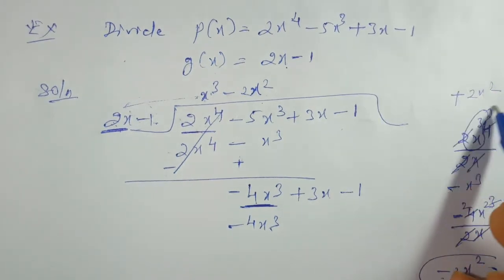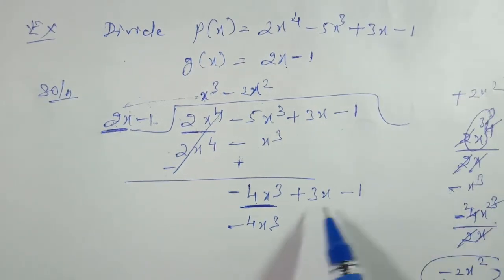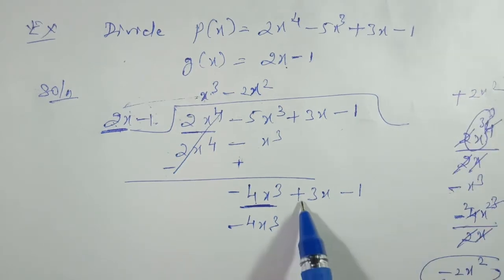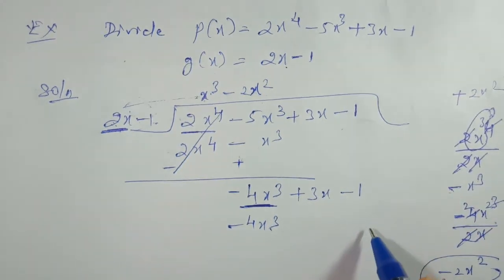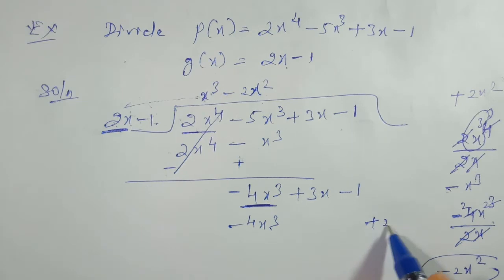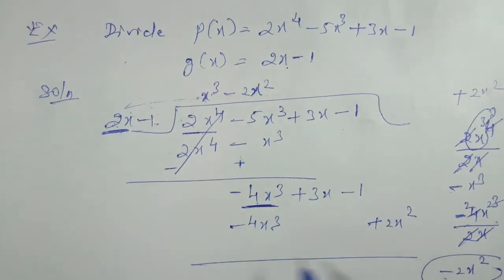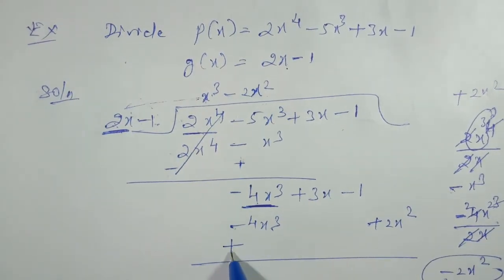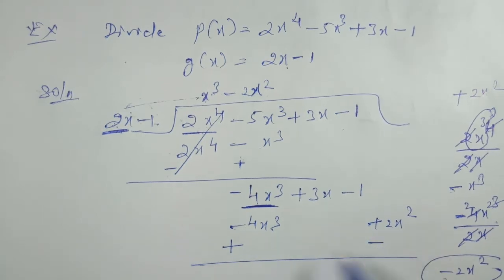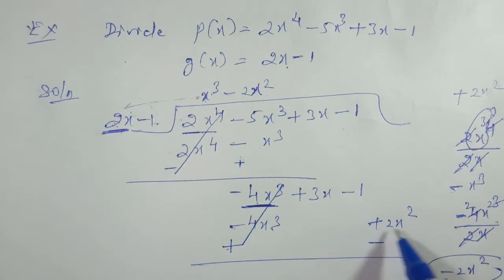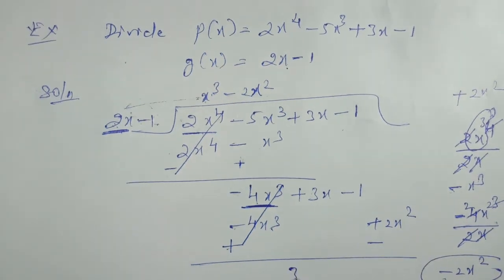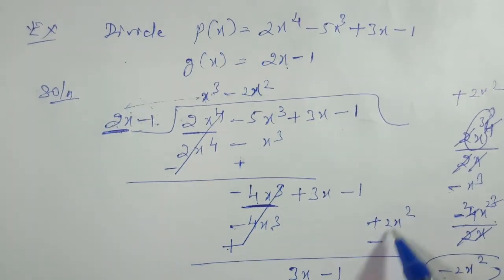Now we have to identify the term having power 2. Here we don't have any such term, so we will write it at the side. Now change the sign. This is negative, change the sign. This is positive, so minus. Minus plus minus will be cancelled. Now note down the remaining term, minus 1. We write this with the new sign, minus 2x square.